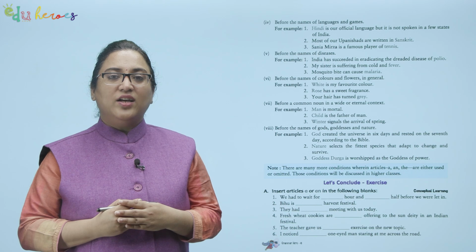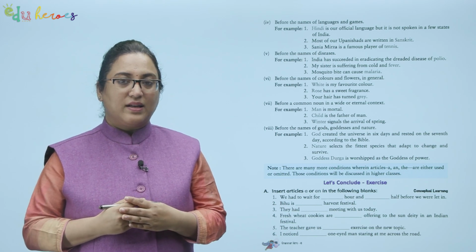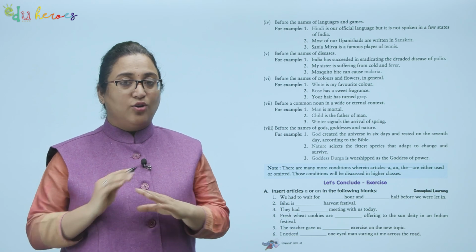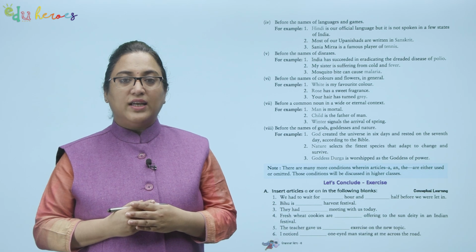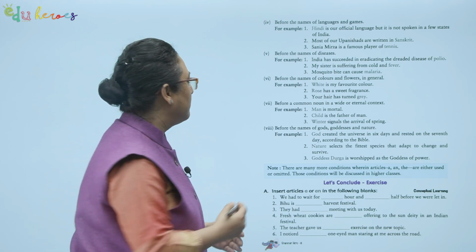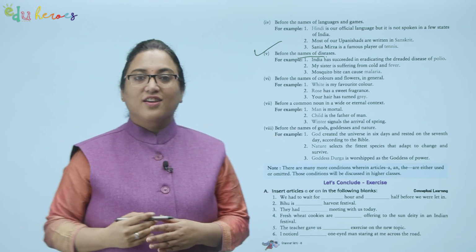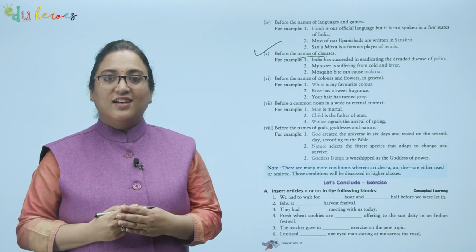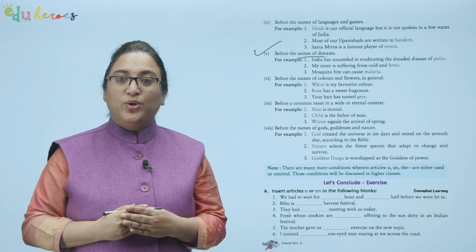Similarly, Sania Mirza is a famous player of tennis. Tennis is a game here. If you write a tennis, the tennis, and tennis, all incorrect. The fifth category, before the names of diseases. For example, India has succeeded in eradicating the dreaded disease of polio.